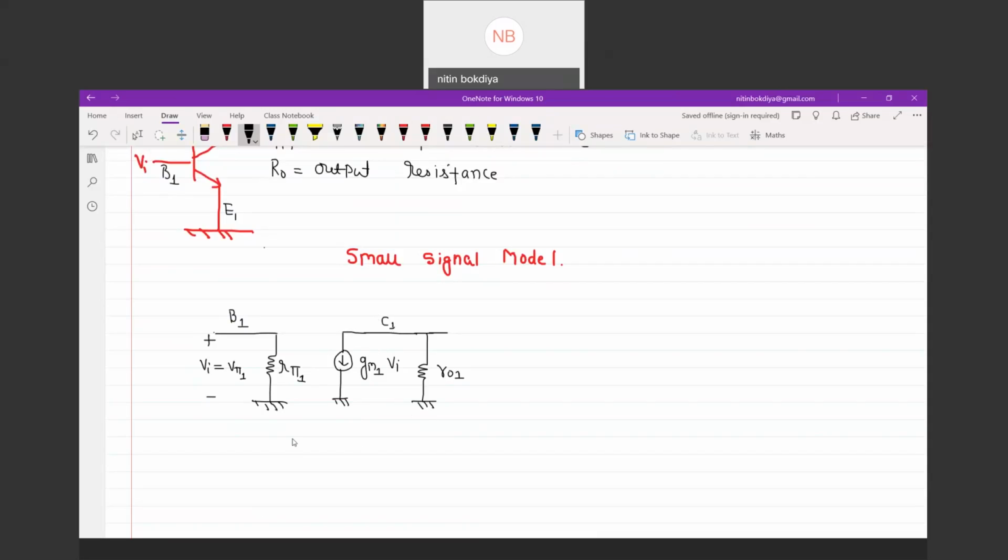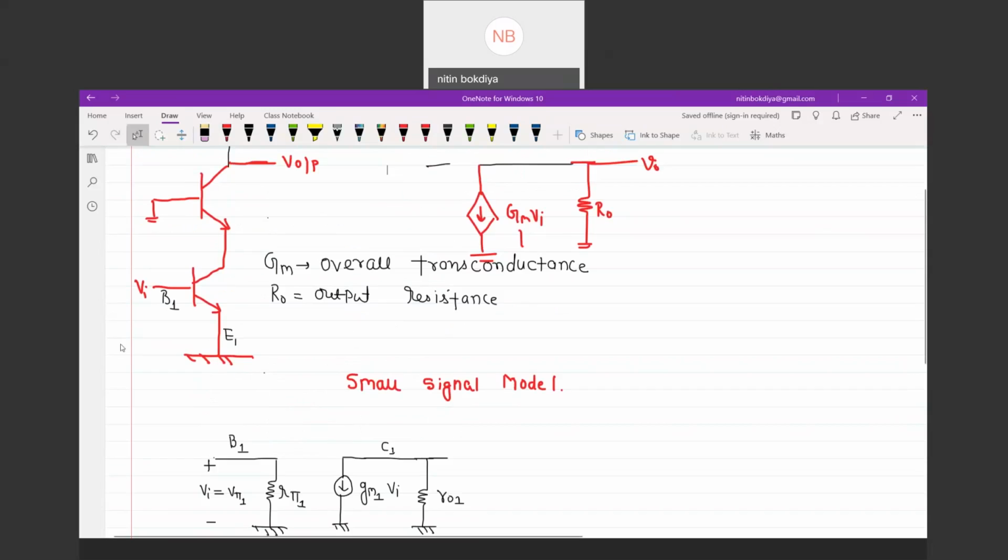Now we want to connect one more small signal model to this circuit. The collector of the first transistor, C1, is connected to E2. So let's start with this point.